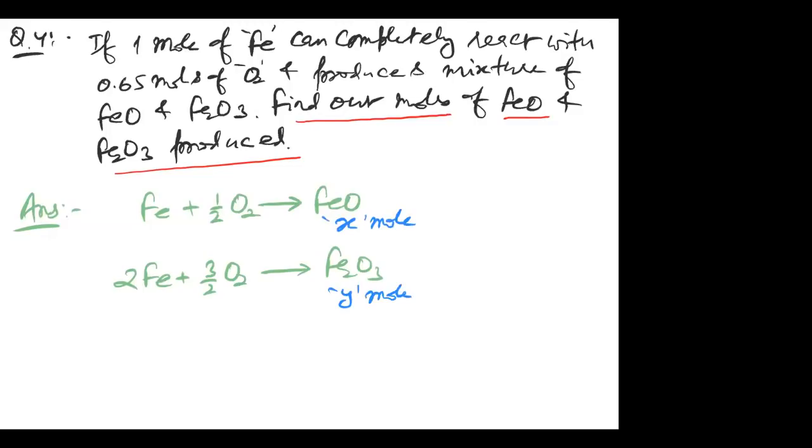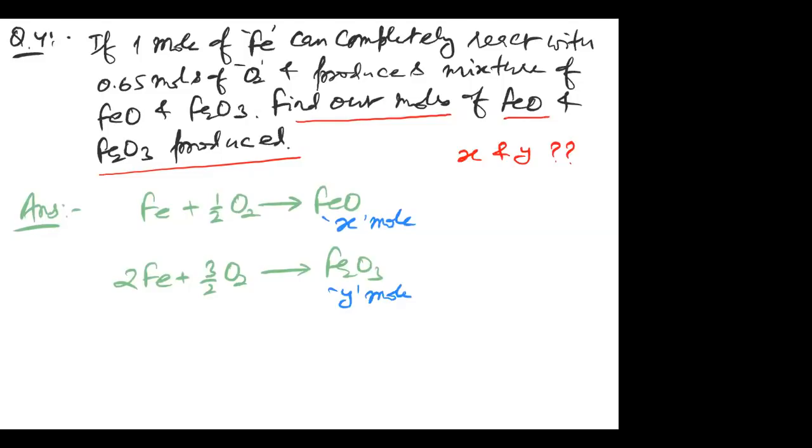So Fe plus half O2 will give FeO. 2 Fe plus 3/2 O2 will give Fe2O3 here.